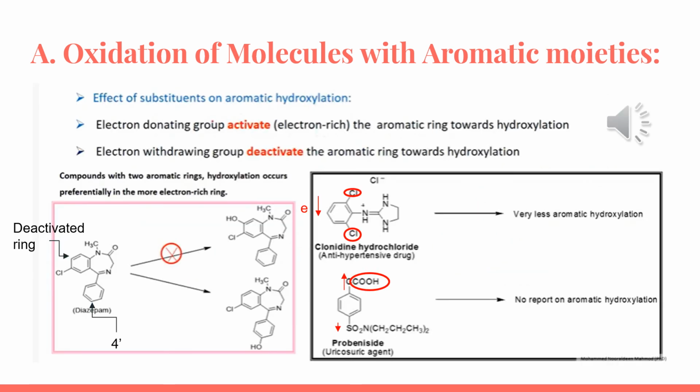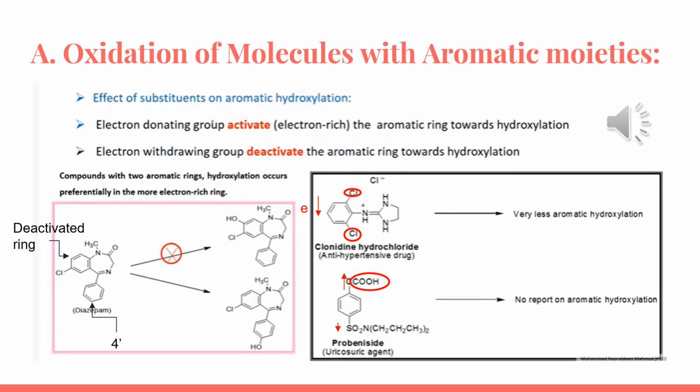In this slide, diazepam has two rings, one with chlorine, which is deactivated, and one without chlorine and with no substituent. For compounds with more than one aromatic ring, 2-, 3-, and 4-hydroxylation occurs preferentially at the more electron-rich ring.